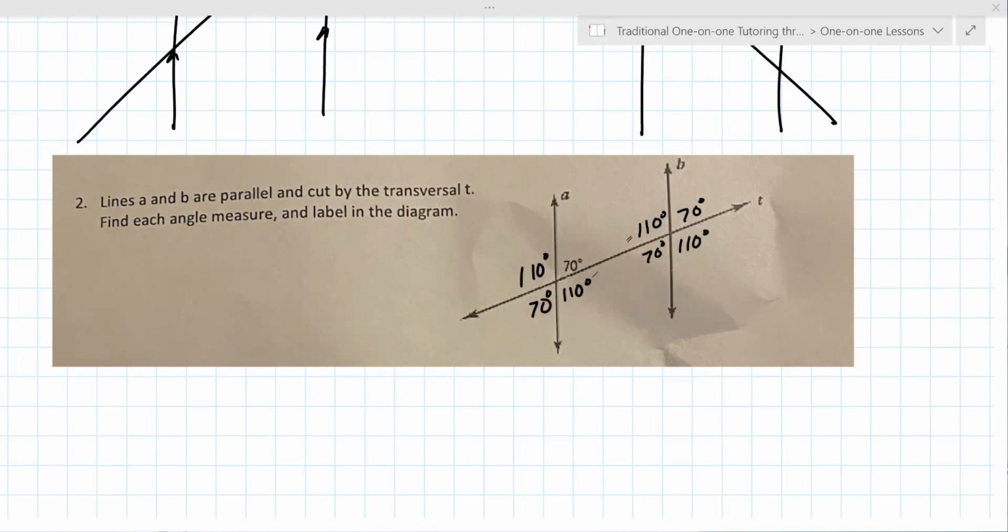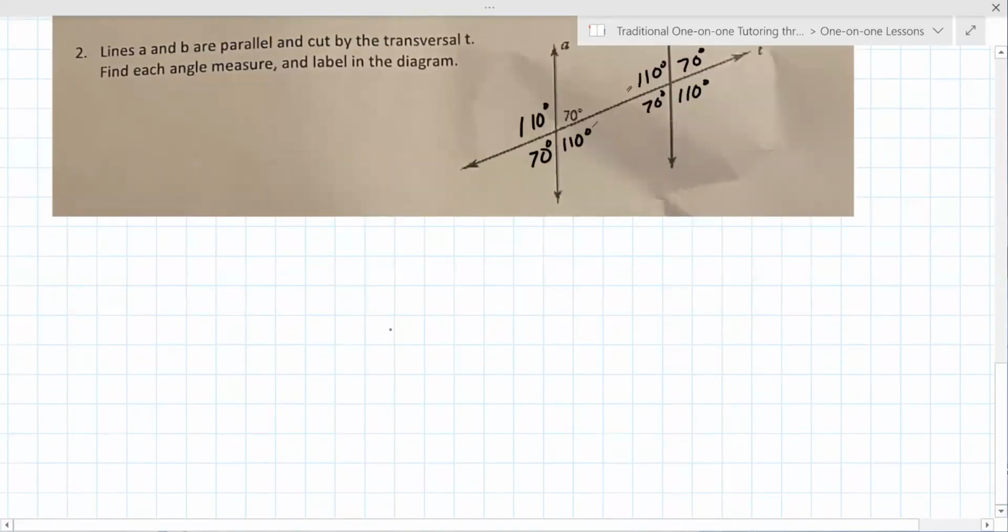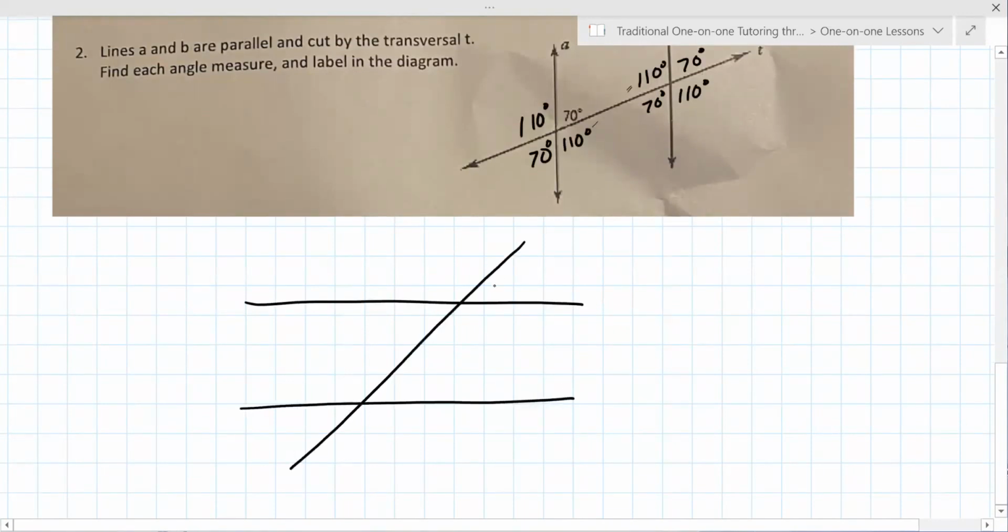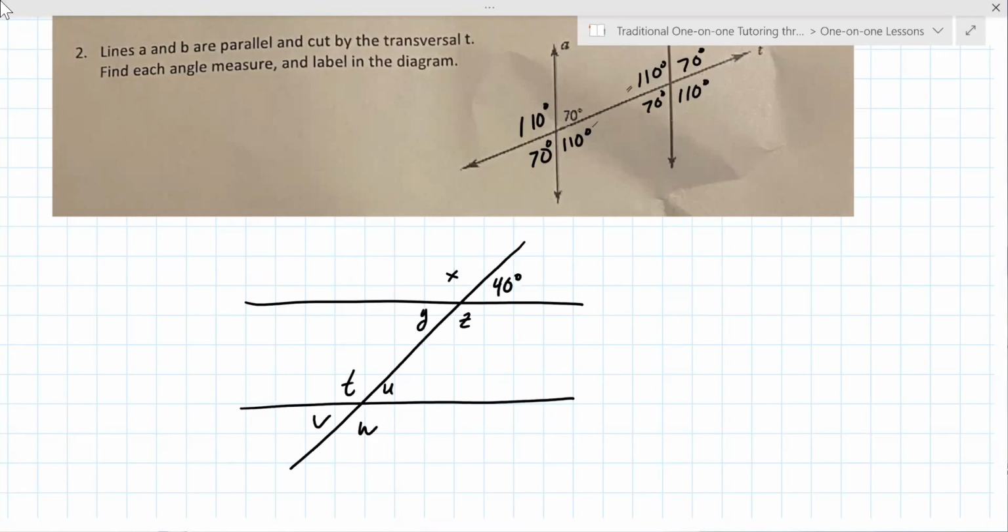Let me make up another problem for you to try. Let's say I give you two parallel lines cut by a transversal, and this is 40 degrees in here. I want you to find X, Y, Z, T, U, V, W. Where the X is, you put 140, right?